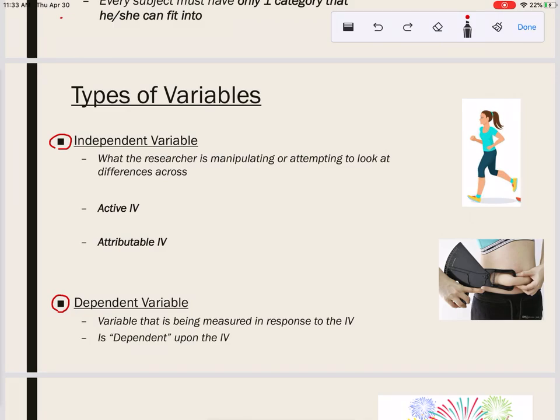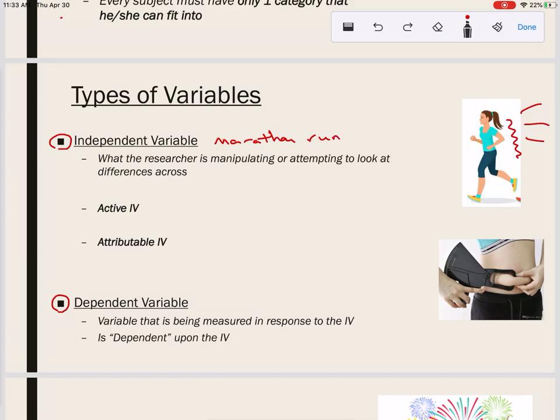Independent is, of course, independent variable is what the researcher is manipulating or attempting to look at differences across. Sorry for the pause there. So if we look at my example about marathon runners, here's our marathon runner. There she goes. She's fast. And then body fat.